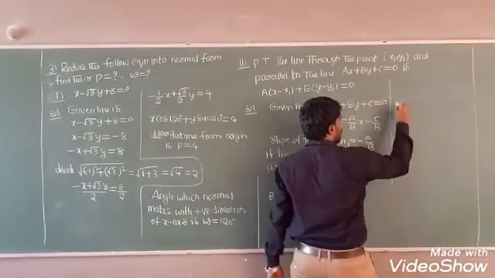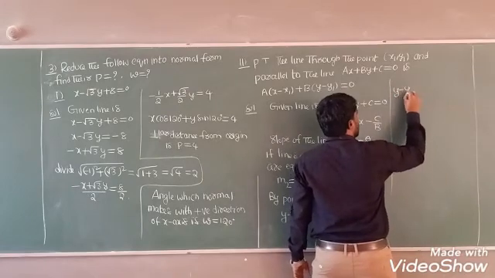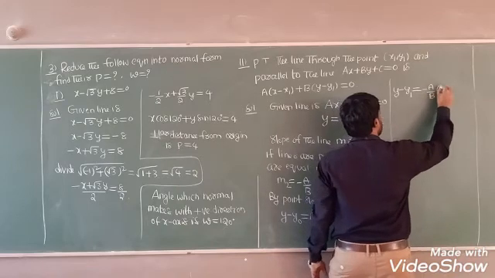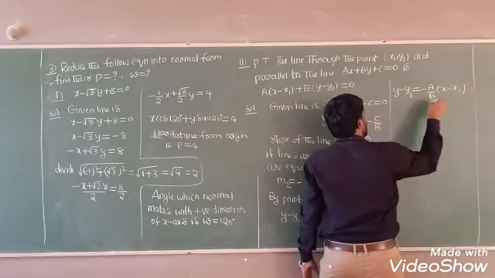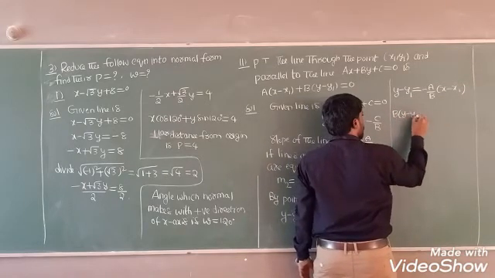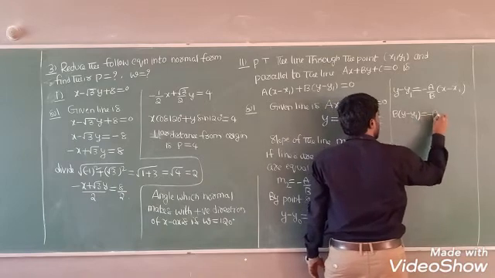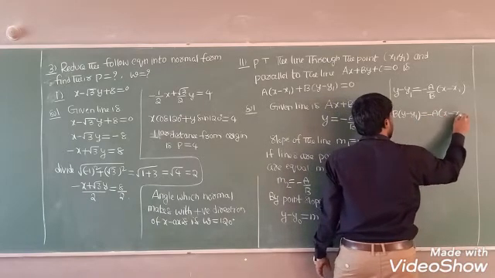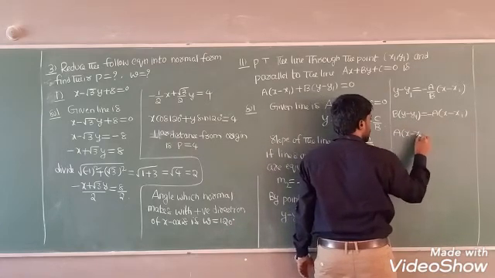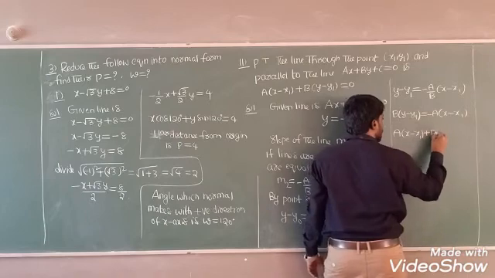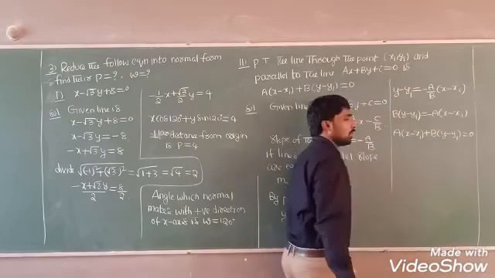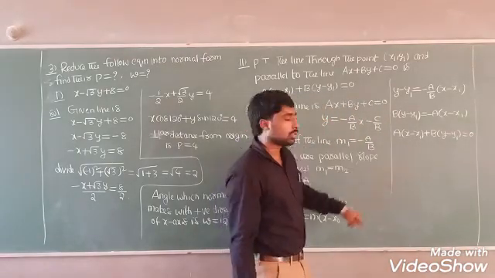So if I solve this, I get y minus y1 equal to minus a by b into x minus x1. If I cross multiply, b into y minus y1 equal to minus a into x minus x1. If it comes to this side, a into x minus x1 plus b into y minus y1 equal to 0. So this is the required equation of a straight line.